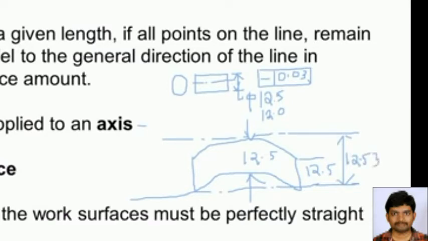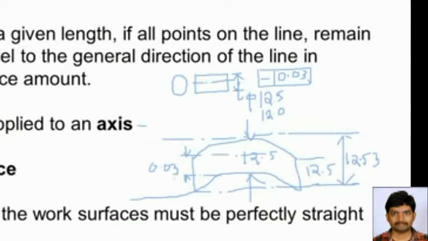So that means this is the axis, and we have another axis here for this particular portion. So this distance is 0.03 millimeter. So this is the diameter tolerance zone. So this size can be up to 12.53.